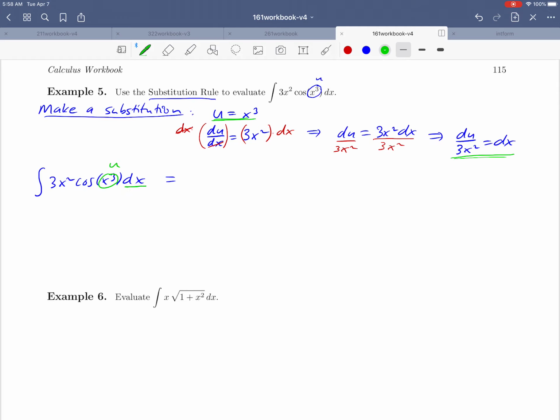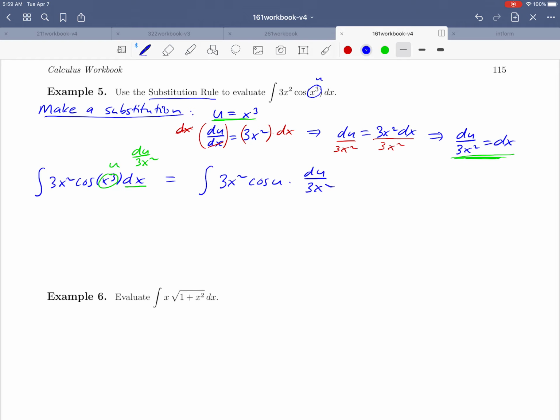And the dx, you can see, is equal to du over 3x squared. So we just substituted those two things in from our calculations above. If we rewrite our integral with those two substitutions, here's what it looks like now: 3x squared cosine of u times du over 3x squared.